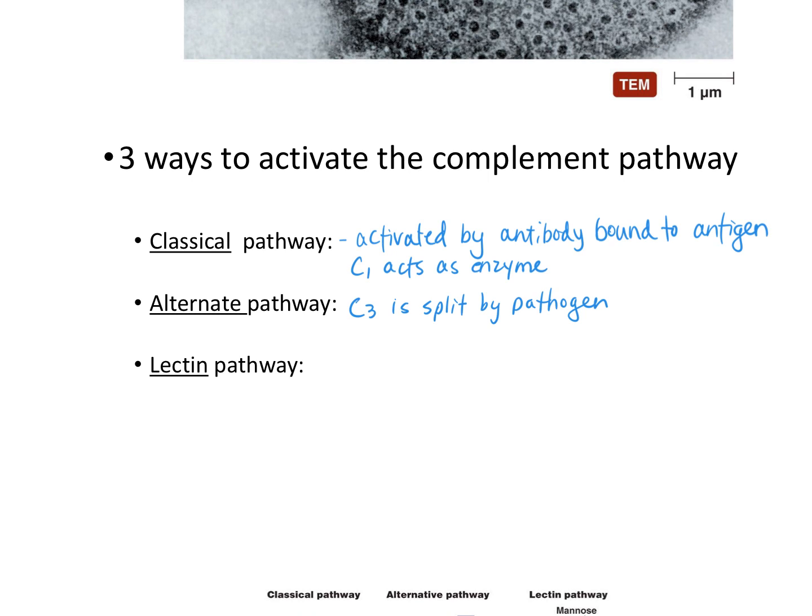And when it splits and it comes in direct contact with a pathogen, then that causes, and there's some other protein factors present that will cause many more C3s to be split. And with lectin activation, C3 is split by microbial sugars.